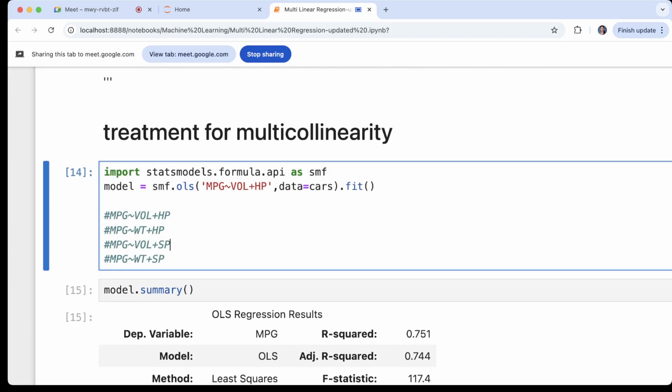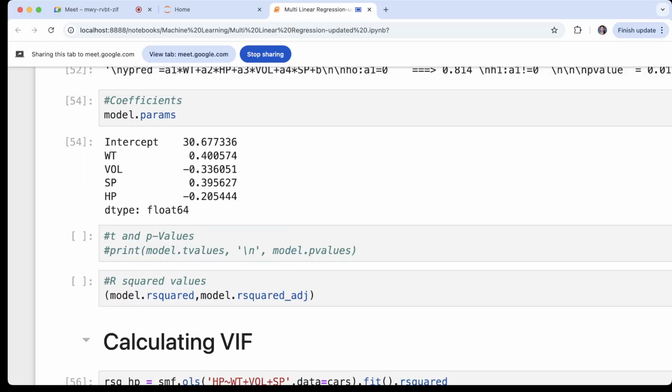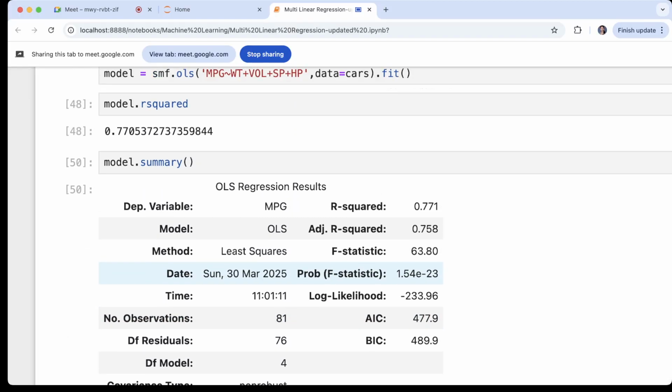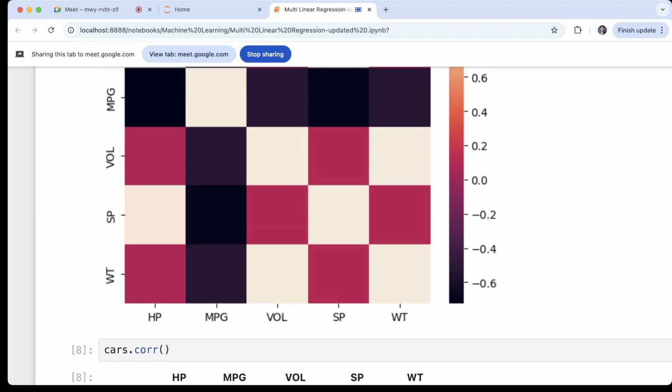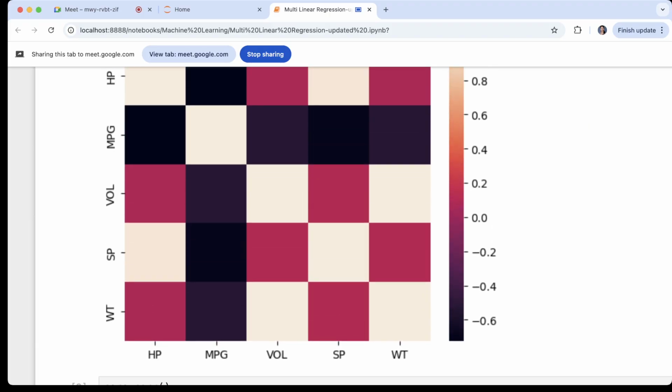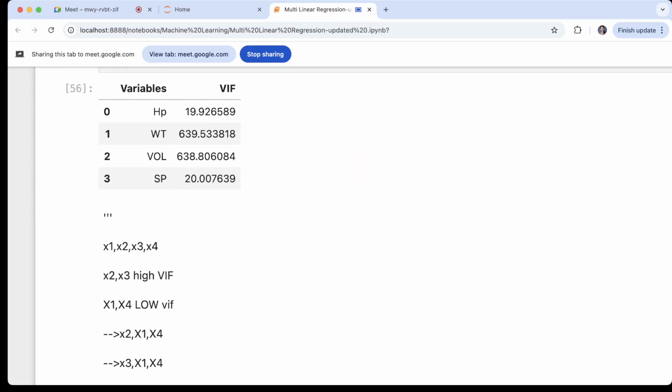How we said we will do that is we will check all the combinations. From the correlation matrix, I could identify that SP and HP, and volume and weight, have a high correlation, right? You remember we identified four combinations.